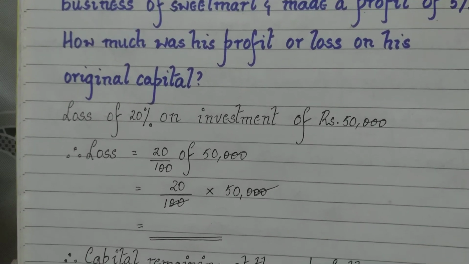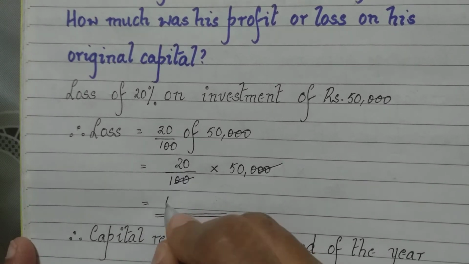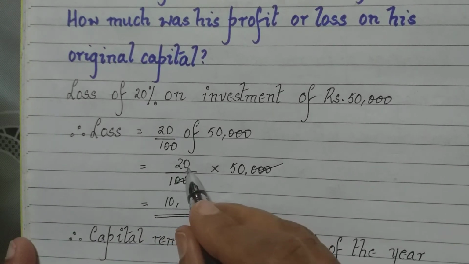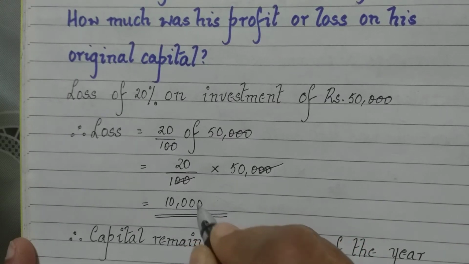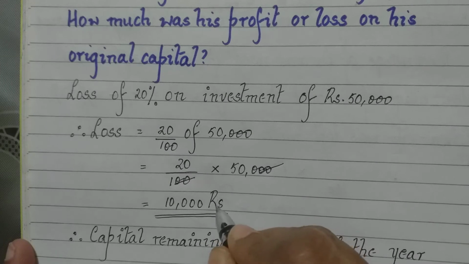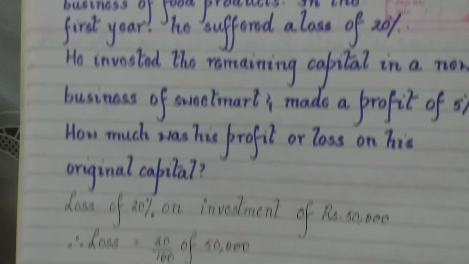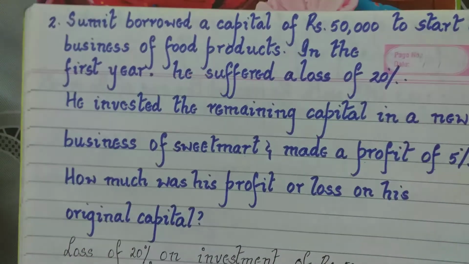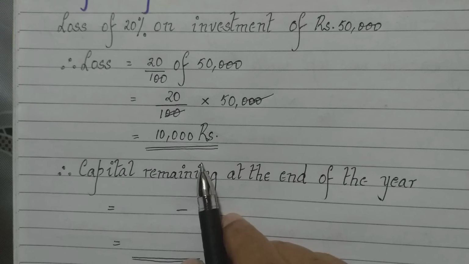Okay, so these two cancel. So what are we left with? 2 into 5, that is 10, and then 3 zeros. So this is the loss. The loss is 10,000 rupees. So he had initially 50,000 rupees. Already in the first year he has lost 10,000 rupees.